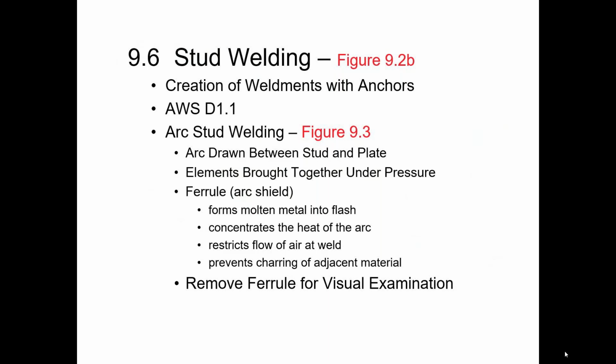The stud has a little point on the end of it that you pass a current through, and this happens in milliseconds. You push down, and while that current is being passed, you're heating the materials up so much that they become molten, and you're plunging the stud into that molten material locally. And so the two pieces of material fuse together in that way.